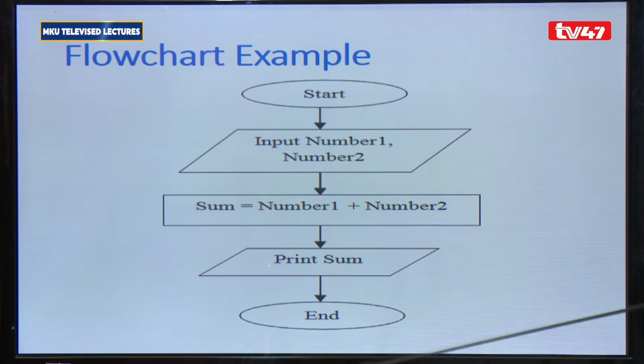So when we say an algorithm must follow some logical order, it means that we cannot start by saying print sum, then at the end, somewhere there, say input number 1 and number 2. That will not make sense at all. So the order must be very clear for our algorithms to be efficient and workable.